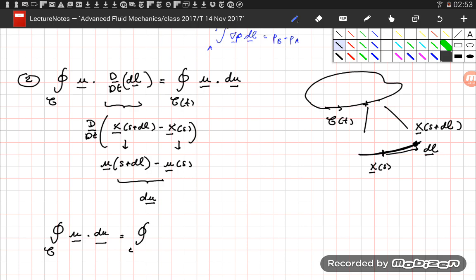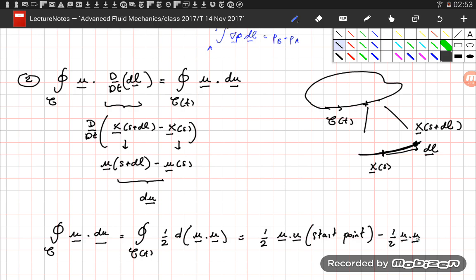So it's the exact differential of 1/2 d of u dot u. We can integrate that because it's an exact differential, so it's really equal to 1/2 of u dot u at the start point of my contour, minus 1/2 u dot u at the end point of my contour.